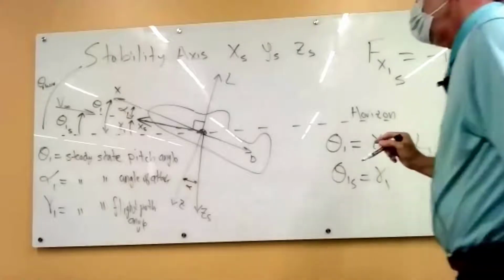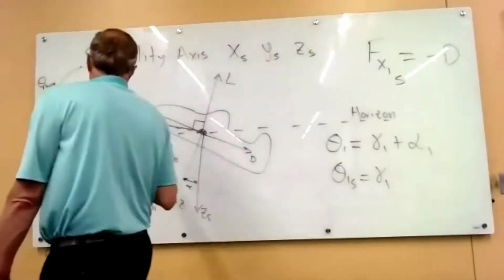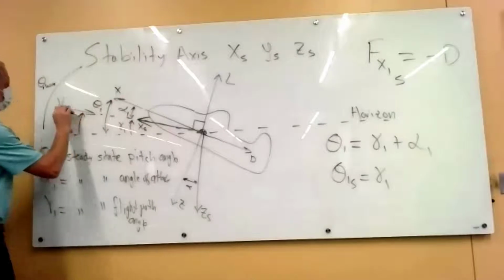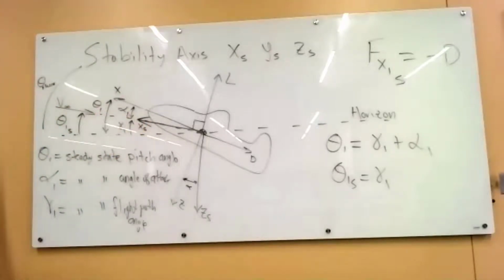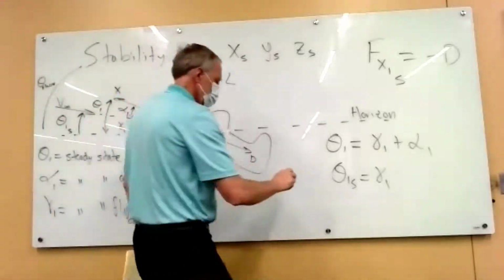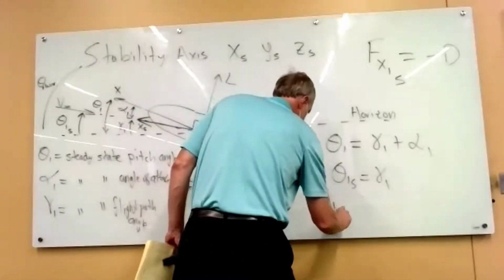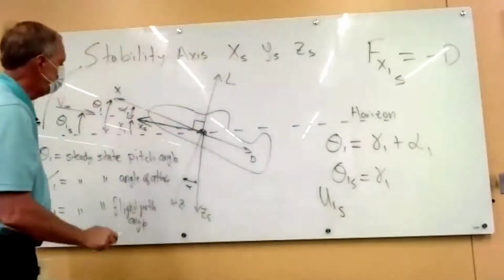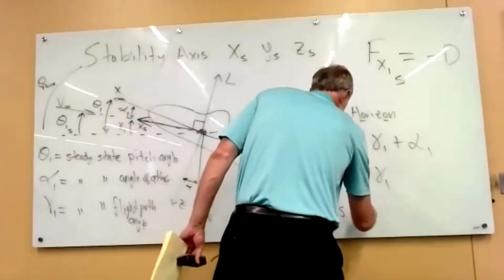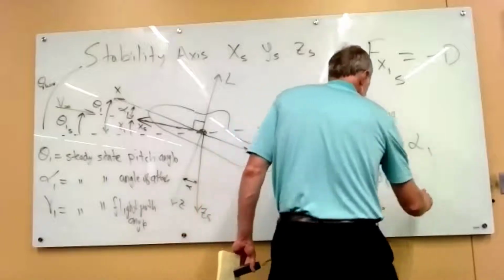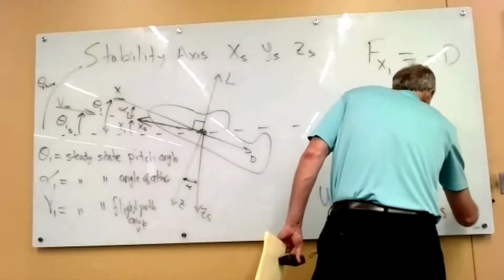Okay, the other feature of this axis system is that in the stability axis, all of the air blows along the x-axis. And so the forward speed is v infinity, and there is no w component.